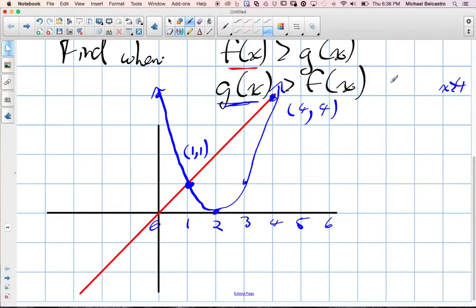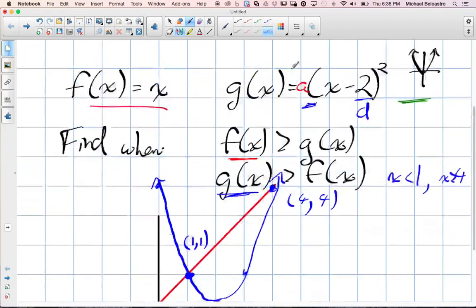Sorry, did I say that right? That's when these two ring true. And for f at x to be greater, that's when x is greater than 1 but less than 4. So the opposite of what we have here.